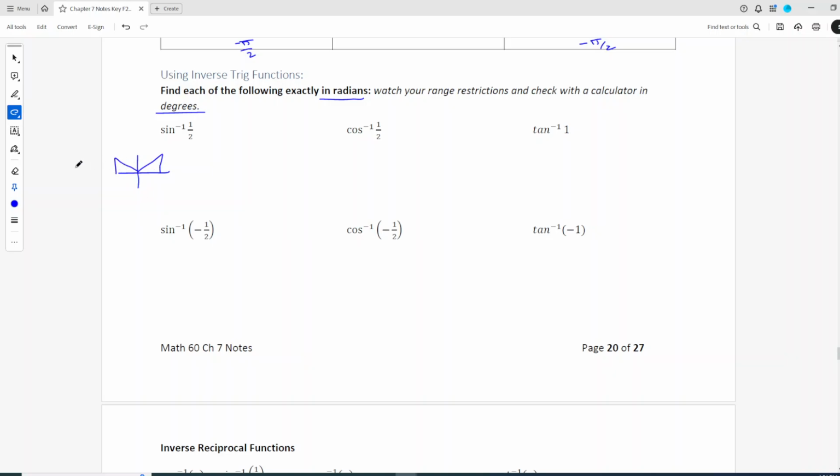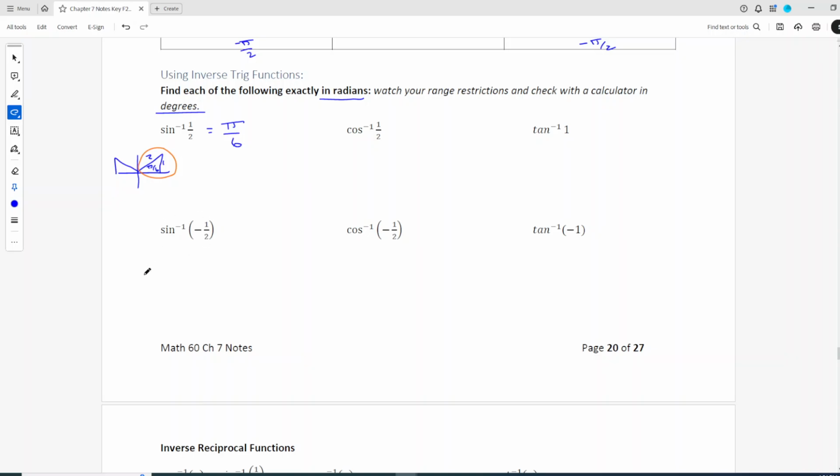Because of my restricted range, I had to think about that, it's always backwards for me, right? Because of my restricted range, it's going to give me the answer in quadrant 1. So if I put in the opposite is 1 and the hypotenuse is 2, this is my pi by 6 special angle. So for this one, it would be pi by 6.